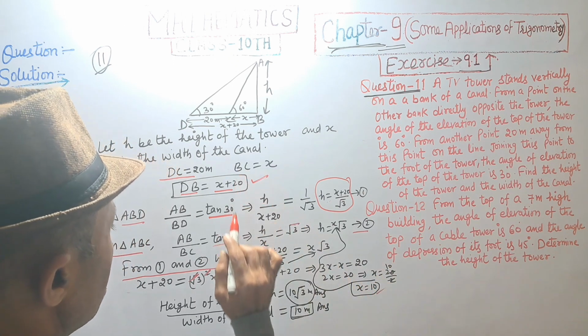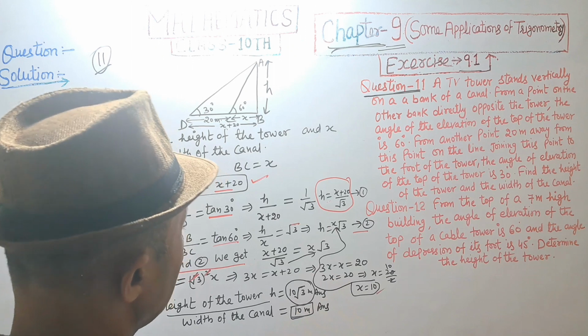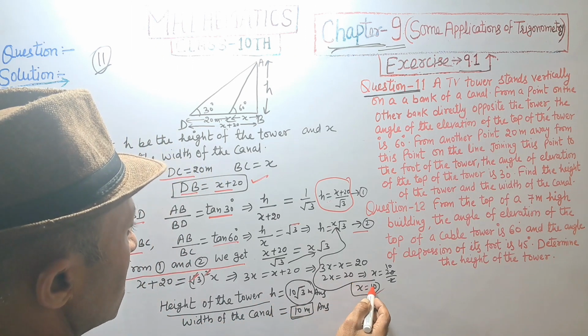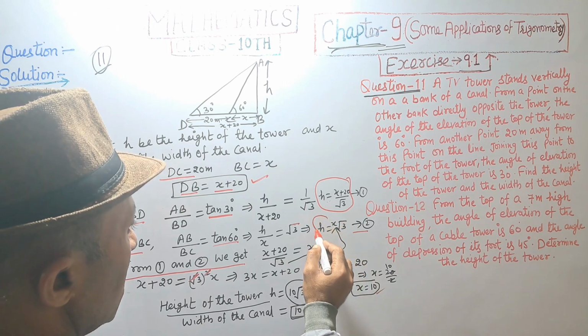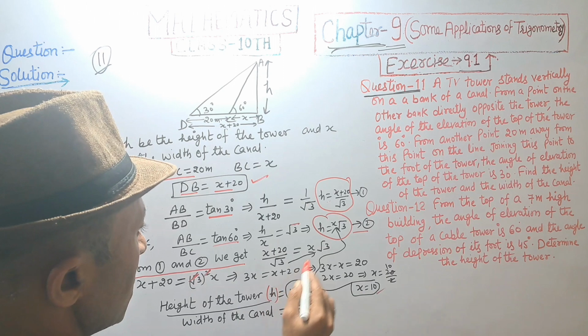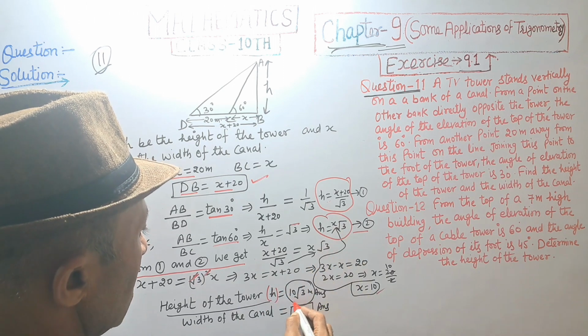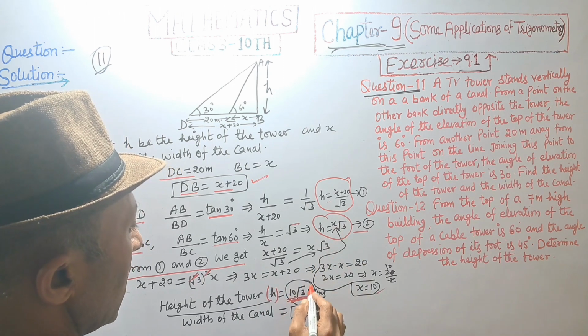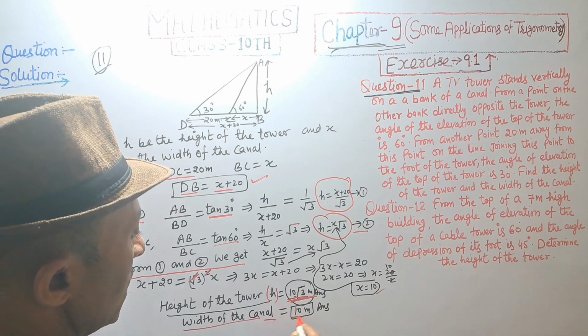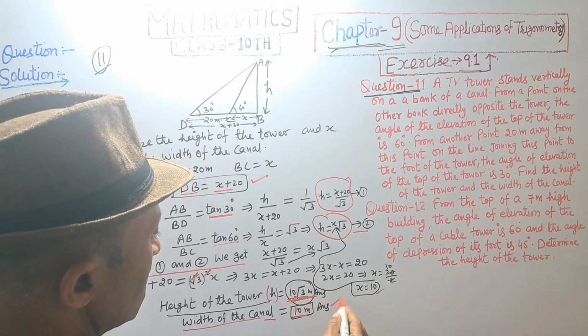The width of the canal is 10 meters, and putting X equal to 10 in equation number second, the height of the tower H is 10 root 3 meters. Height of the tower 10 root 3 meters, and width of the canal 10 meters, answer.